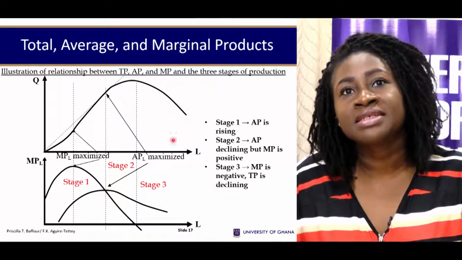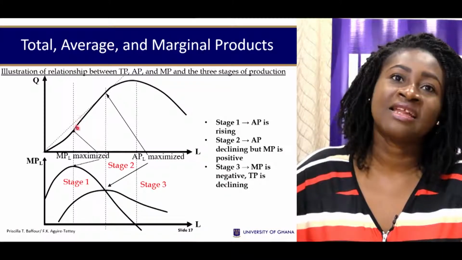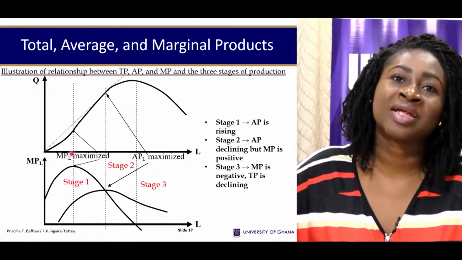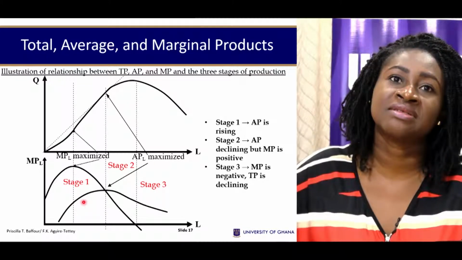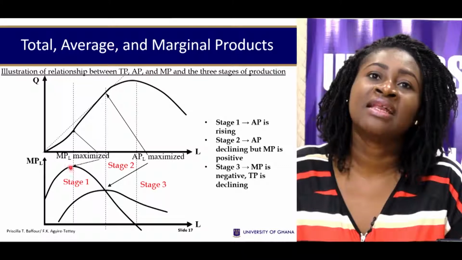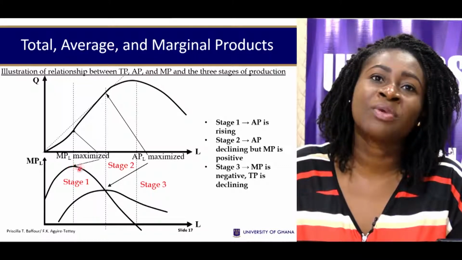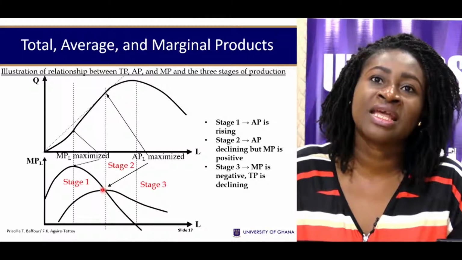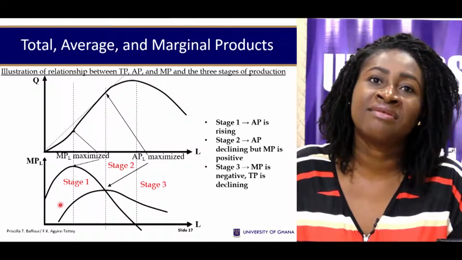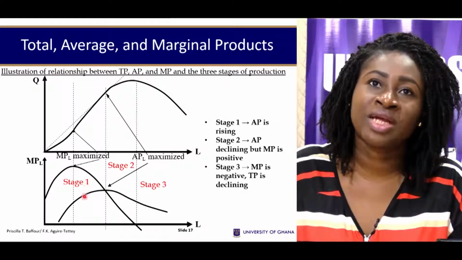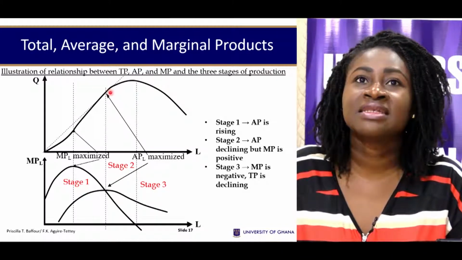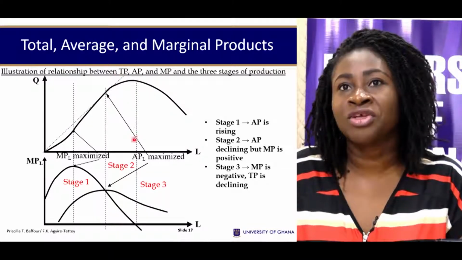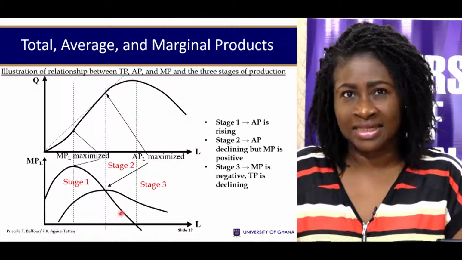So in terms of the stages of production, we see that the first stage is the stage where both marginal product and average products are increasing, right? And then marginal product reaches its peak, and average product also reaches its peak. So within this area, we have the first stage of production. And then the second stage is when marginal product is declining and average product is also declining.